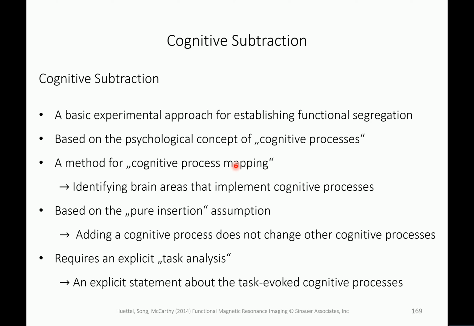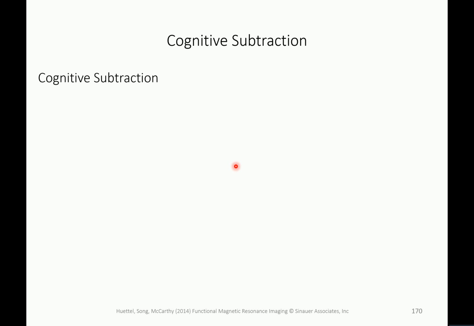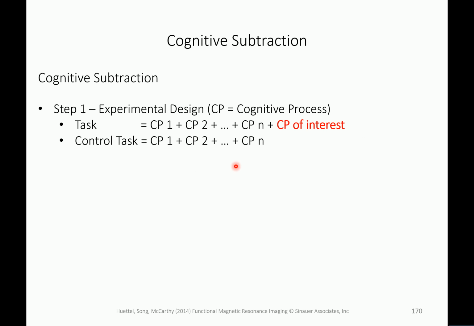People shy away from that all the time in the literature, so this is why a lot of cognitive neuroimaging papers are fairly unclear in what they actually want to say, because they don't dare to say these are the cognitive processes. So let's look a little bit closer at cognitive subtraction approaches.